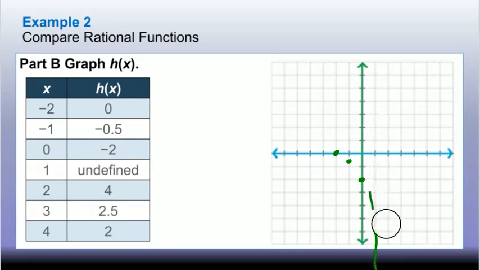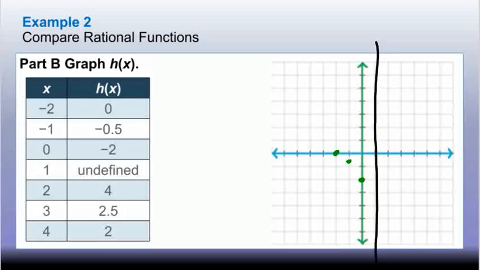Let me do that a little better. 2, 4. So 2, 4 would be 1, 2, 3, 4. We have one at 3 and 2.5 would be here. Then we have another one at 4, 2 would be there.